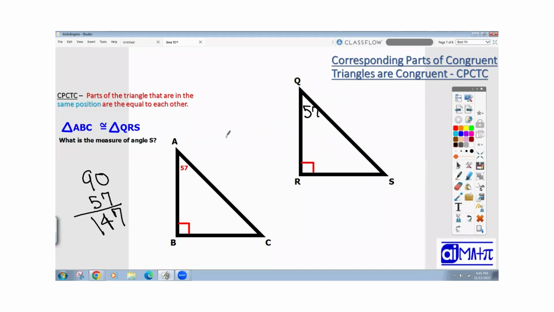And then I know every triangle on the inside adds up to 180 degrees. So I take what I know and then I subtract, which would leave me with 33 degrees for angle C. And I'd say angle C corresponds to angle S. That means angle S must also be 33 degrees. So what is the measure of angle S? 33 degrees.